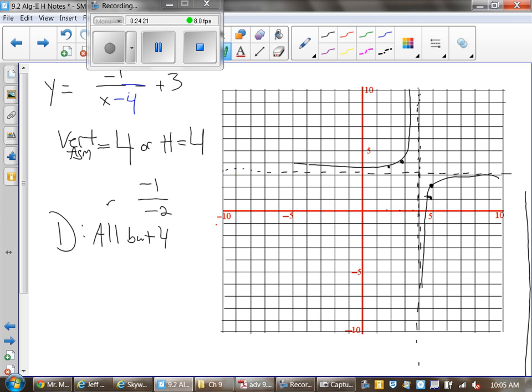All but 4. Yeah, the x value can't be at that asymptote. It can't be at your vertical asymptote. Then your range is going to be everything except what? 3. Your domain and range will be defined by the asymptotes. Okay? That's what we're looking at doing here today, guys. Not so scary?